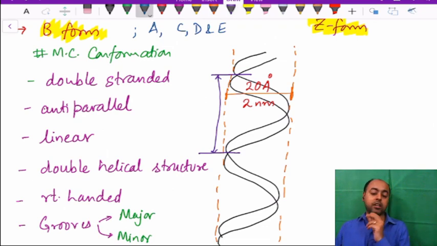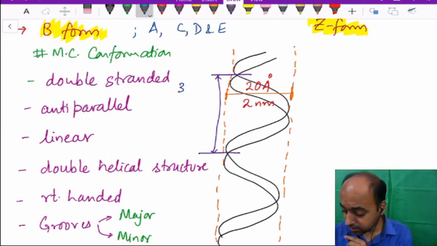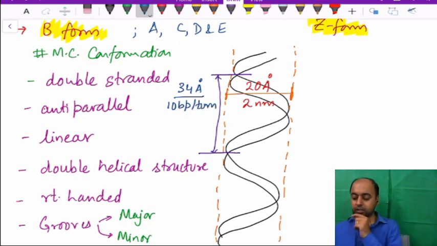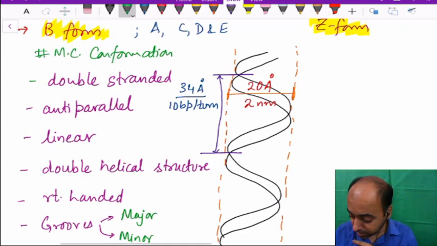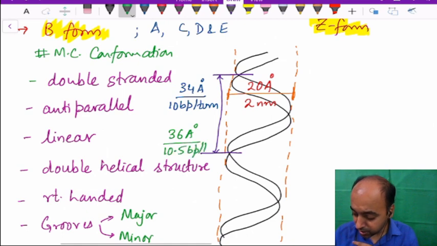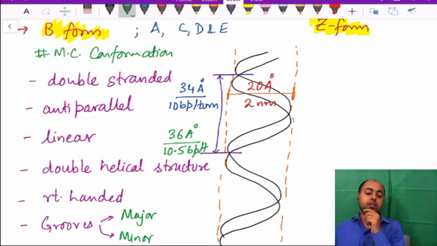Most of your UG level books will give you the answer as 34 Angstrom having 10 base pairs per turn. But please note, the more correct answer would be 36 Angstrom having 10.5 base pairs per turn.